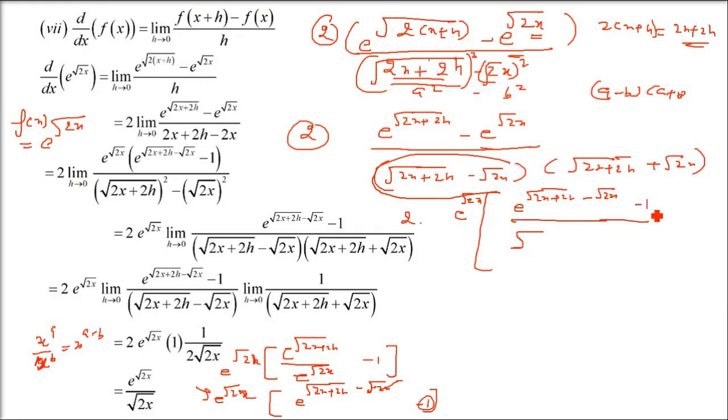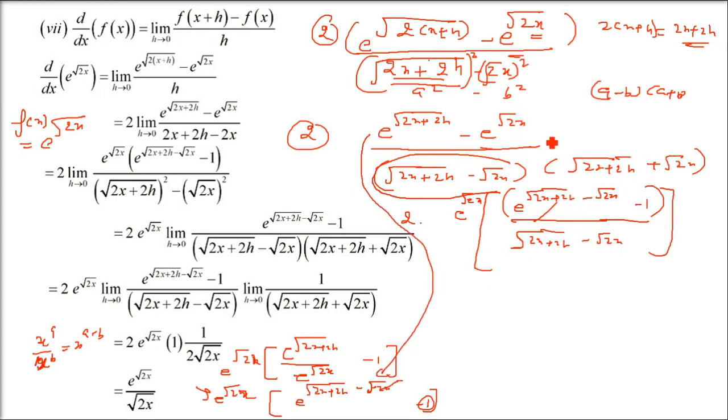Let me just put it here, and the other term in the denominator we will take later. So this is under root 2x plus 2h minus under root 2x, this whole. So what do you get? E raised to theta minus 1 by theta form.